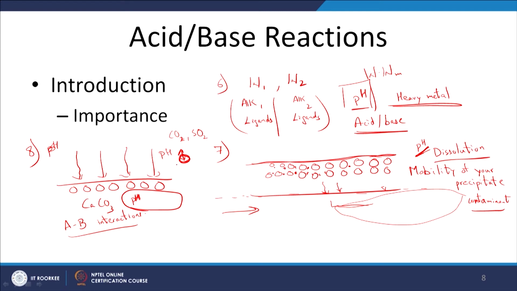Once you take into consideration the interactions between the relevant constituents in the gaseous phase with the water droplet, and then with the water droplet once it comes in contact with the lime or calcium carbonate deposits in the subsurface. What are we concerned with again? Acid base reactions. So, the importance of acid base reactions is ubiquitous.